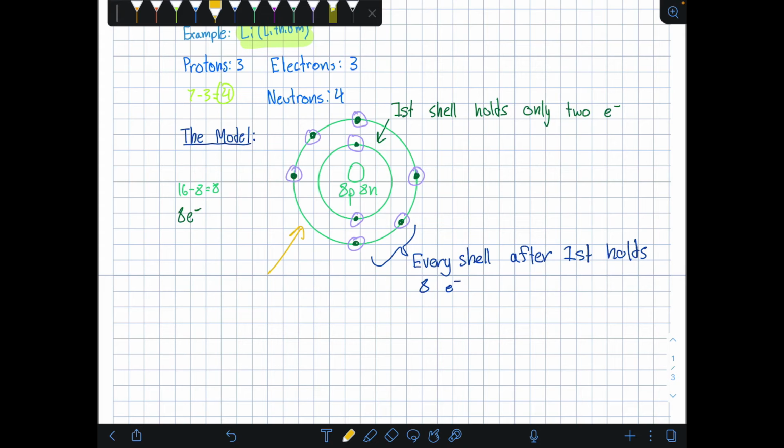This means every electron in this shell is a valence electron. They are all valence.